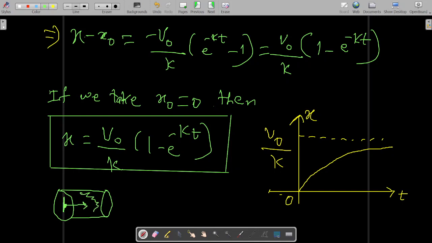This resistive medium applies a resistive force in this direction, and that resistive force is directly proportional to v vector. So your resistive force will be directly proportional to minus v then, right?